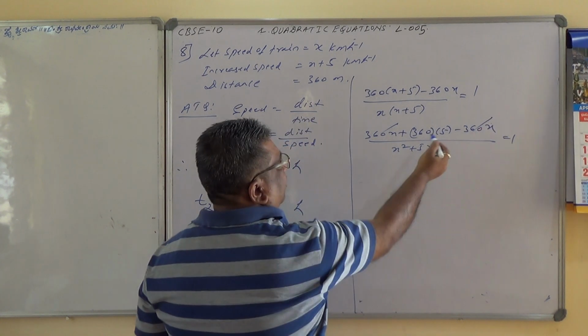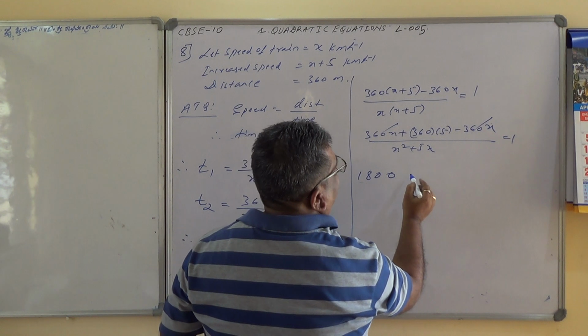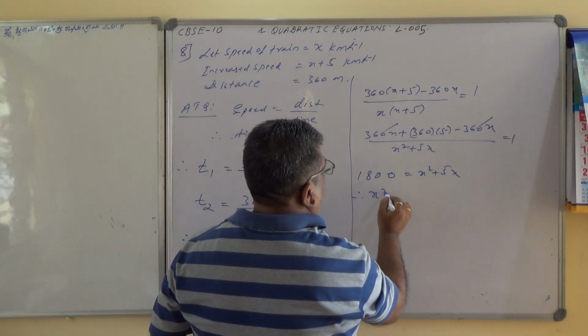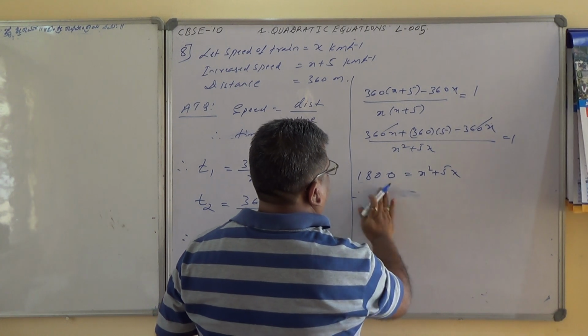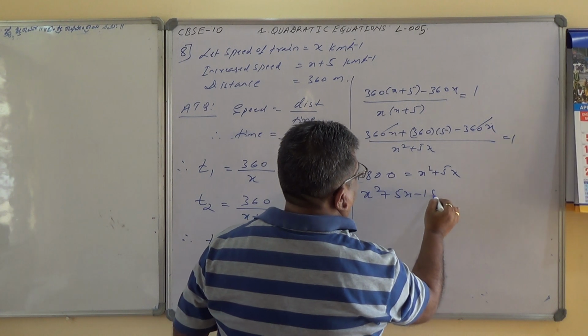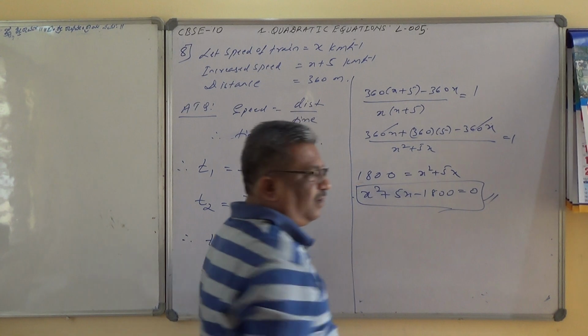The 360x terms cancel, so 1800 equals x square plus 5x. The equation formed is x square plus 5x minus 1800 equals 0. This is the equation you have to solve.